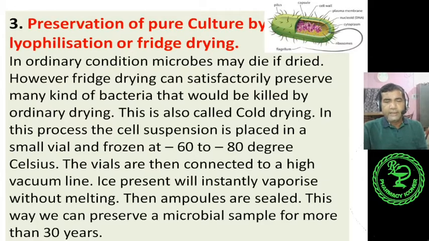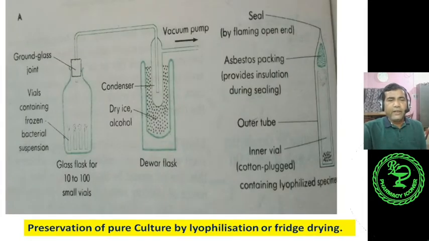So this is the procedure. Here you see, this is the glass flask which contains 10 to 100 small vials. These are the small vials, 1, 2, 3, 4, four are visible. So what happens?